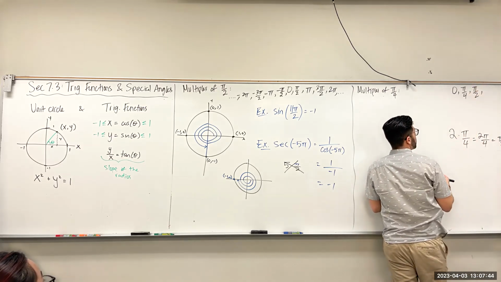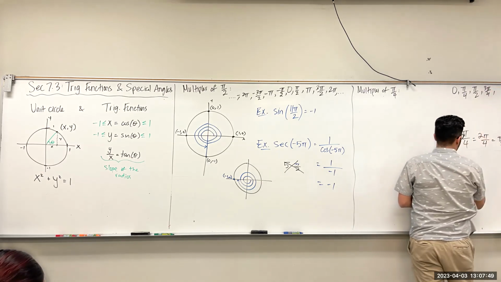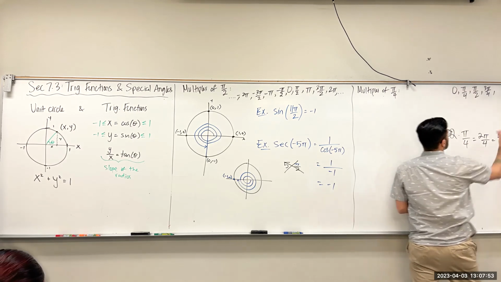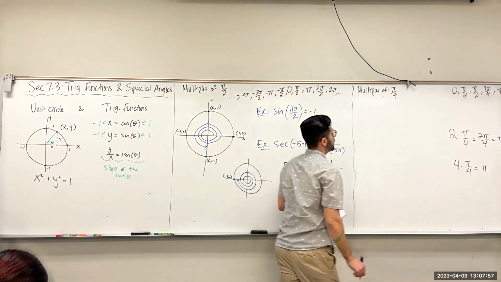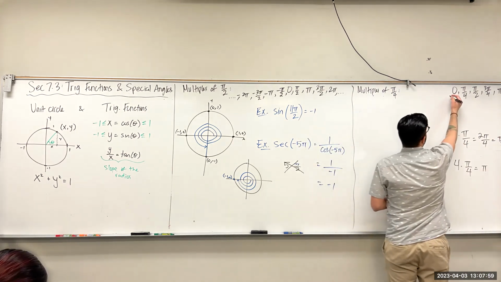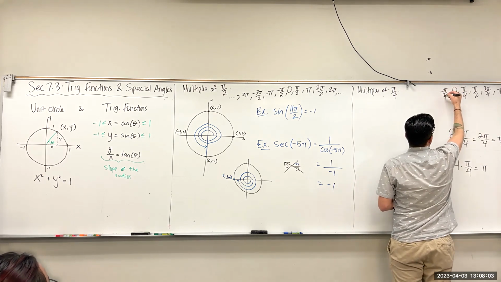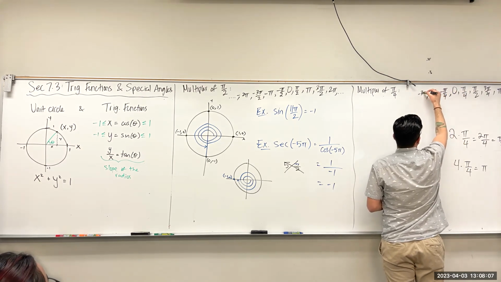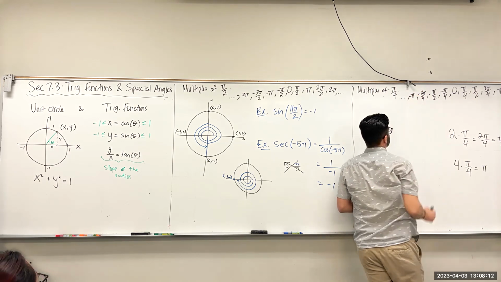Then 3 times pi over 4 is 3 pi over 4, and then 4 times pi over 4 is pi. And then we just keep going from there, and do the same thing in the negative direction: negative pi over 4, negative pi over 2, negative 3 pi over 4, negative pi, and so on.